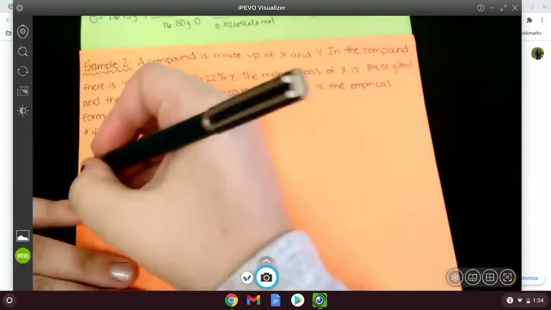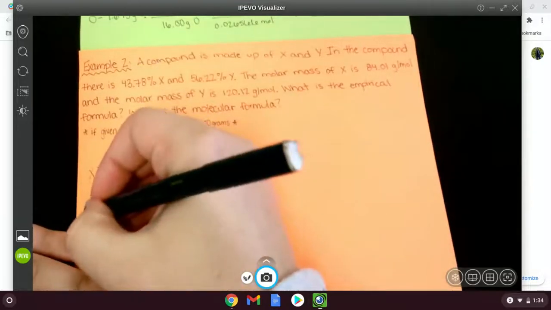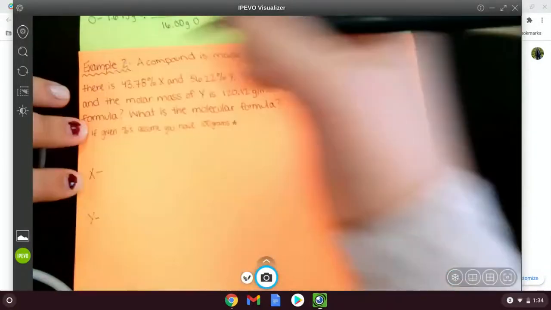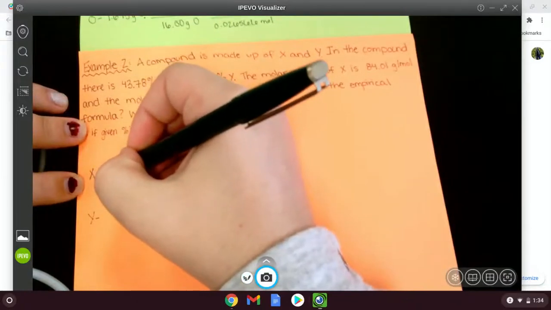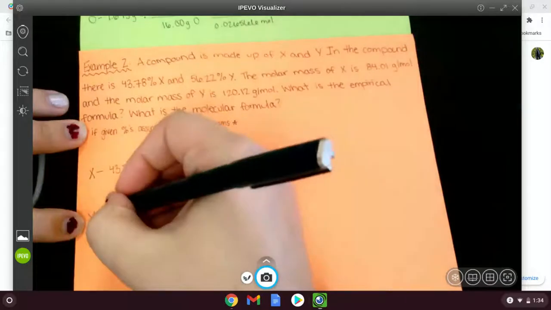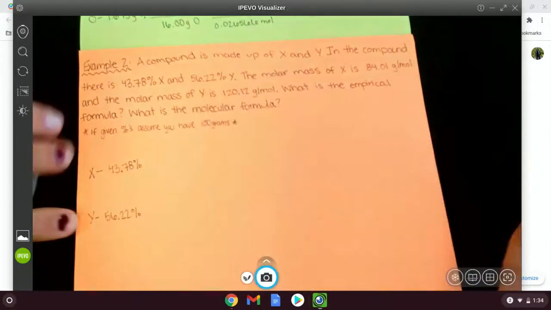So the first thing I'm going to do is list out my elements. In this problem, I'm working with X and Y. For X we have 43.78%, and for Y we have 56.22%.